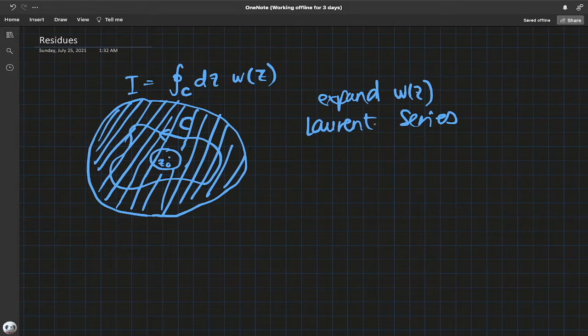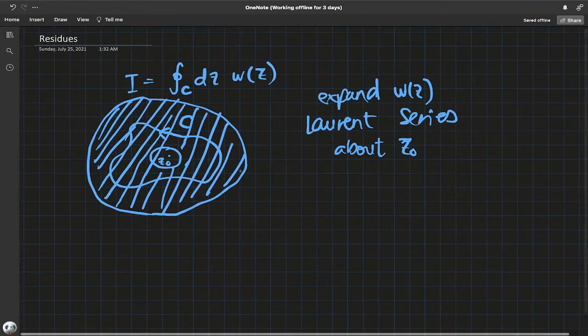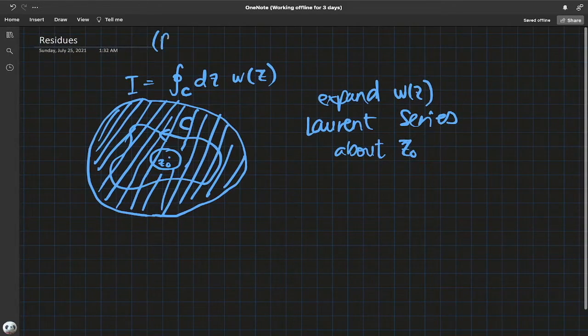So we can expand w of z as a Laurent series about z0. You can see that z0 is deemed to be a pole. I'm doing this for poles first, simple poles rather, or let's say one pole.